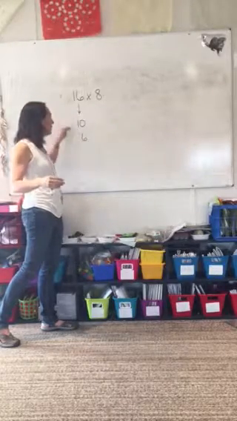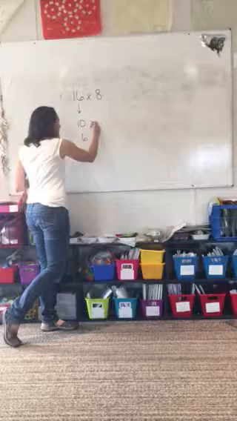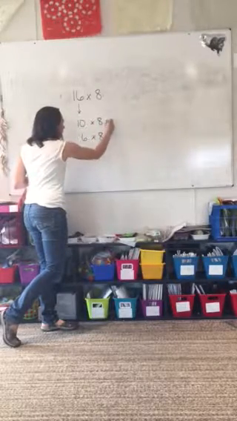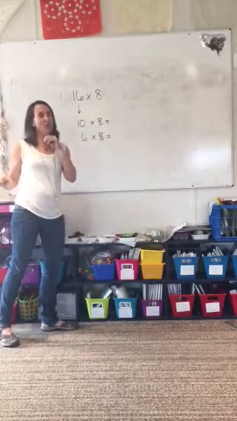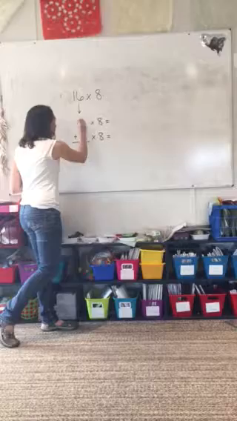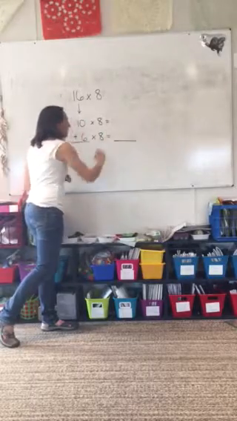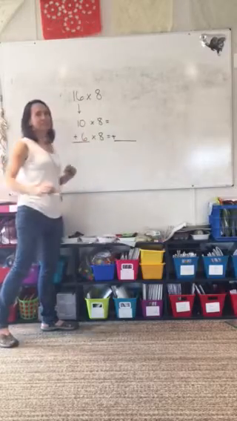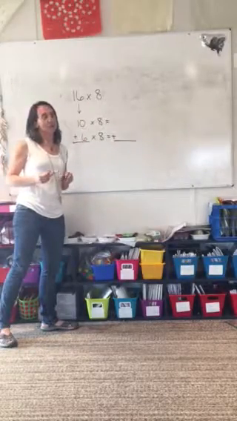So we can take both of those numbers and just multiply it by 8. And we can get our answer. We know it's 10 plus 6. So whatever we get for the answer to both of these, we're going to have to add them to get our total 16 times 8.